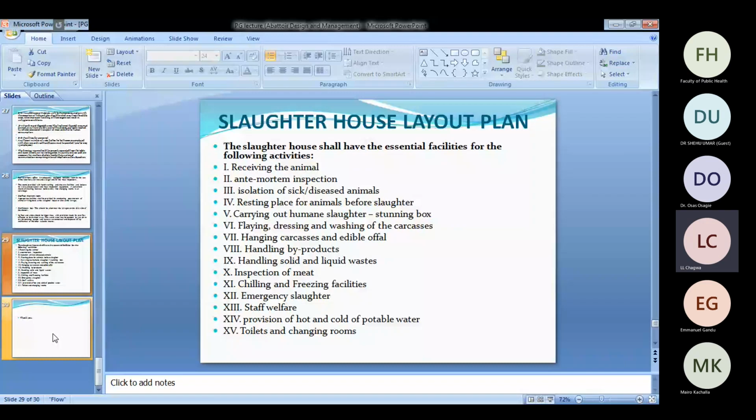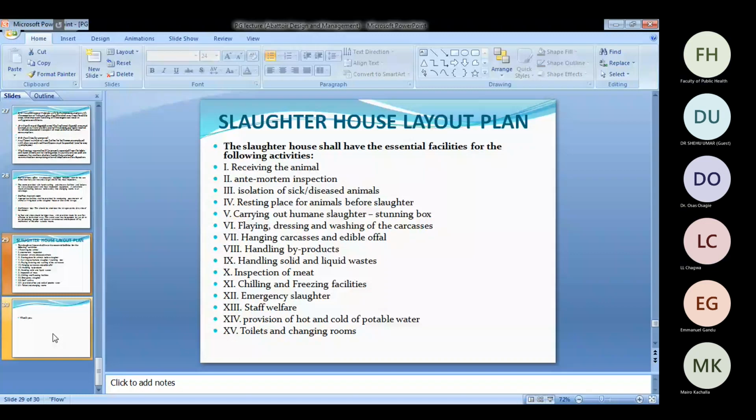And the bleeding, the blood. The blood is part of the liquid waste. So how do you now handle them? This waste that comes from there, how do you take them to waste disposal? Waste disposal and management of waste from the abattoir.